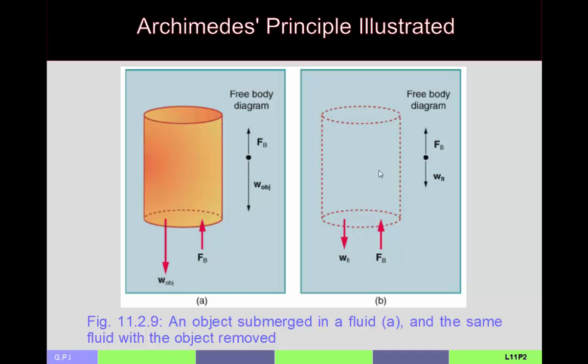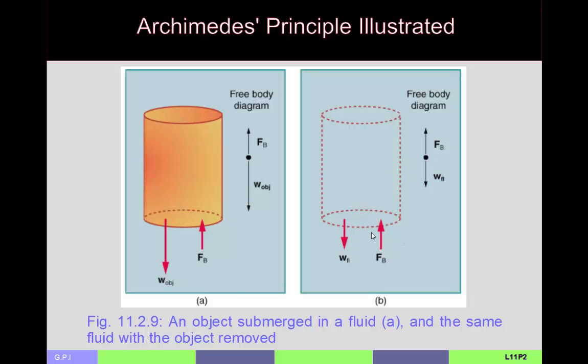One way of looking at this is that if the fluid is all in equilibrium, if you were to remove the object, then that space that the object is occupying would be filled with fluid. That fluid would have a weight which is given by the volume of the object times the density of the fluid.